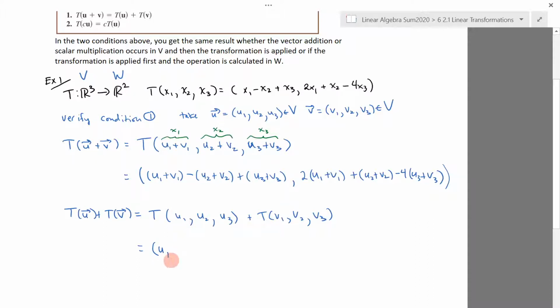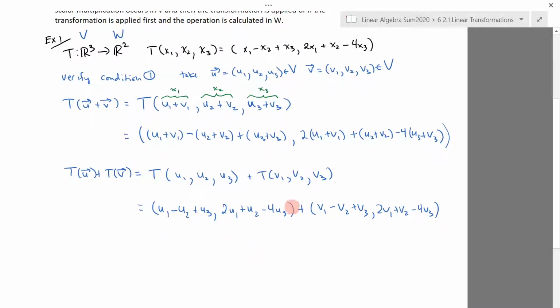So that gives me u1 minus u2 plus u3, comma, 2u1 plus u2 minus 4u3. And then now I transform this. So apply it to v1, v2, v3. So you get v1 minus v2 plus v3, comma, 2v1 plus v2 minus 4v3.